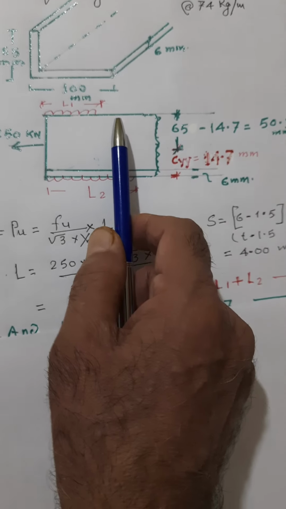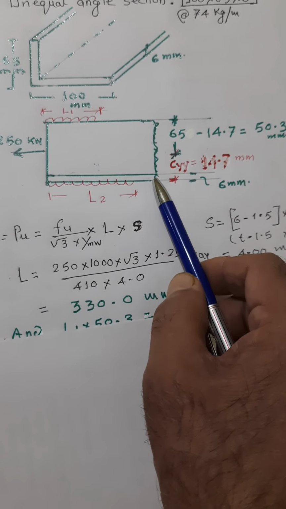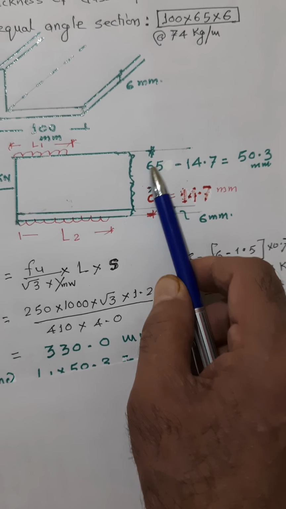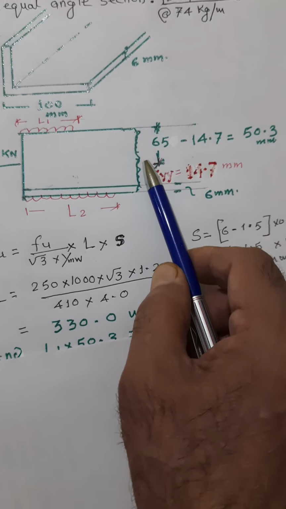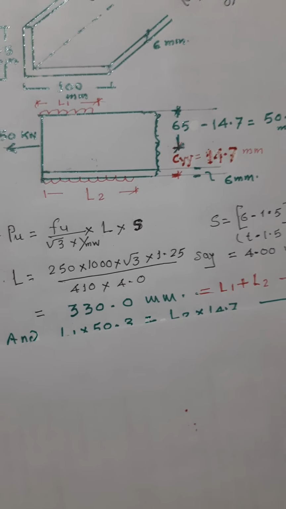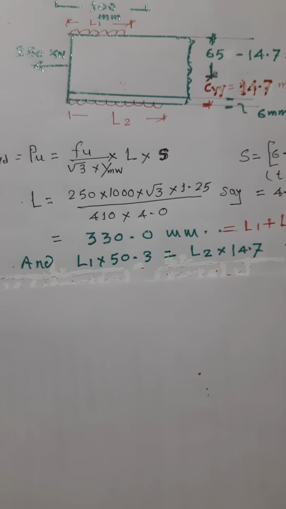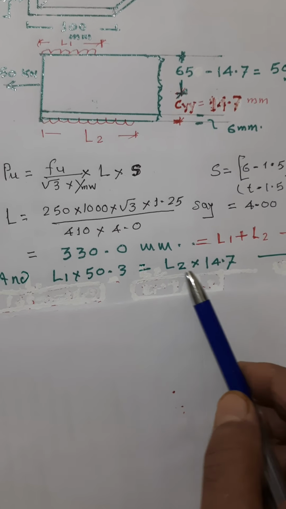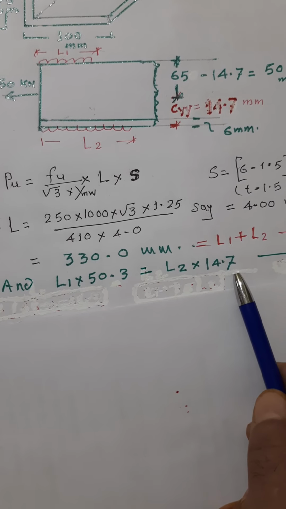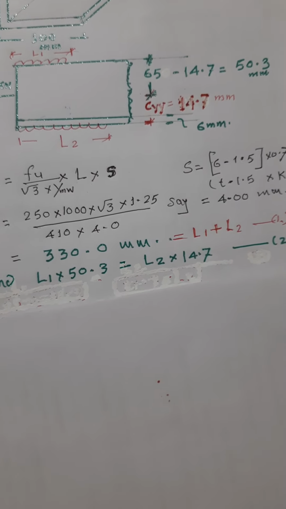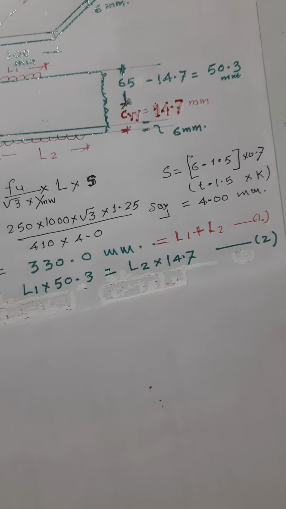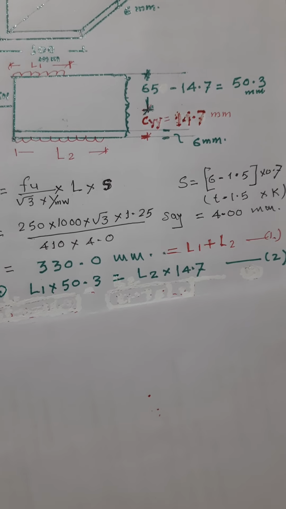The total is 65, this is 14.7, so it comes out to 50.3. So L1 into 50.3 must be equal to L2 into 14.7. This is equation number 2. With the help of equation 1 and equation 2, L1 and L2 can be very easily calculated.